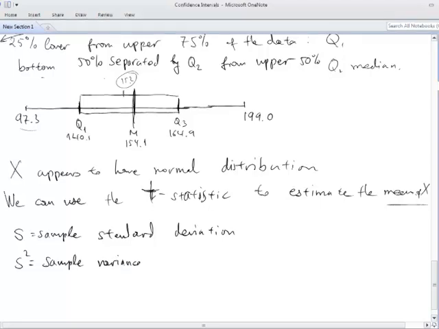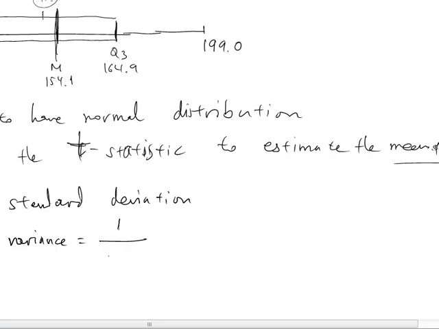The sample variance is defined as almost the average, 1 over n minus 1, where n is the sample size, of x sub i, the ith data point, minus x bar, squared. This is the sample average.